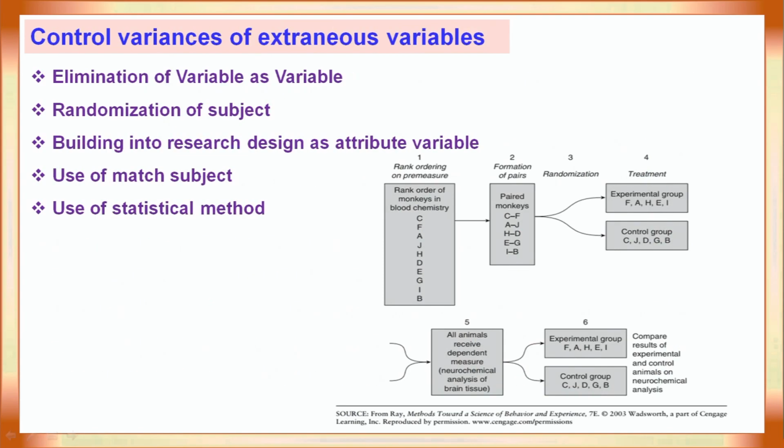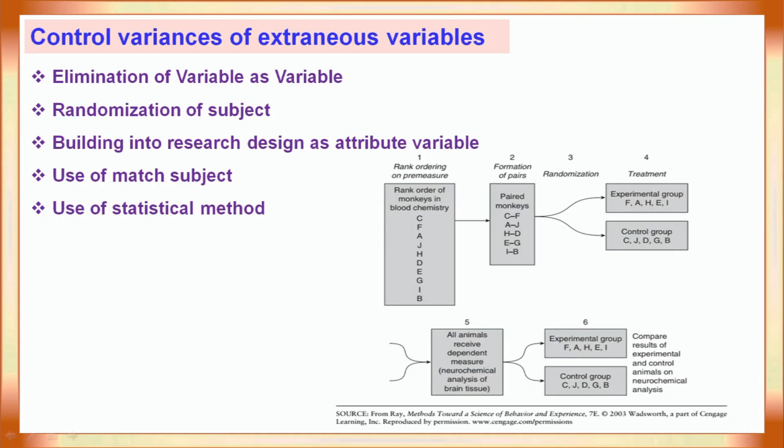Now, let us take a look at the more statistically accurate methods of controlling those extraneous variables. There are broadly four or five ways of controlling extraneous variables if they are a problem in your research. The first one is the elimination of the variable as a variable.